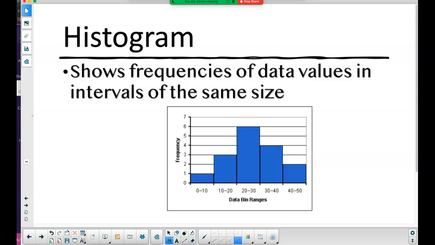So this should probably say 0 to 9, and then 10 to 19, and 20 to 29, and 30 to 39, and 40 to 49. Does that make sense? Because you wouldn't want to include data in 2 different bars. But we are showing those intervals, and that's kind of the key thing there. Okay? Flip the page.